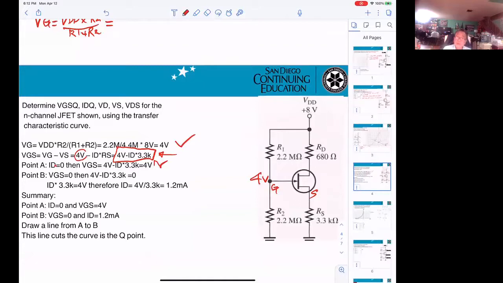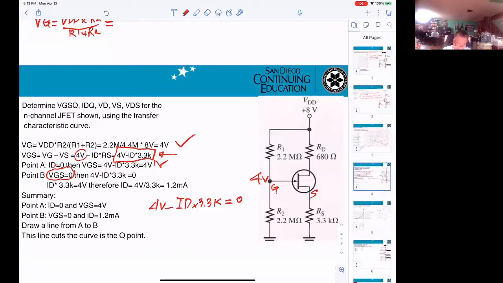Then now you want to get point B. You set VGS equal to 0. So VGS equal 0, then basically 4 volts minus ID times 3.3K equals 0.